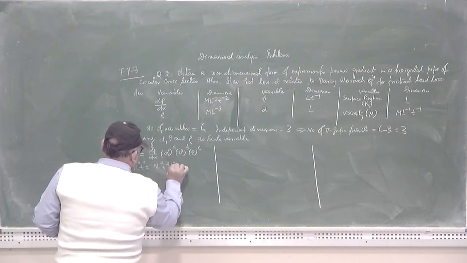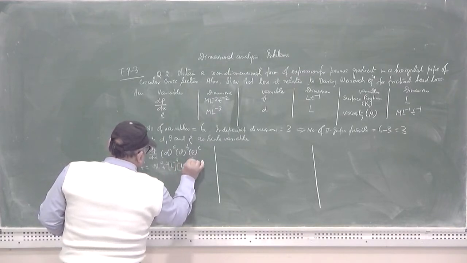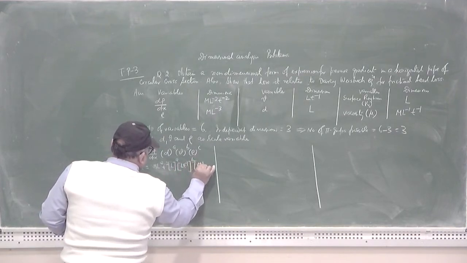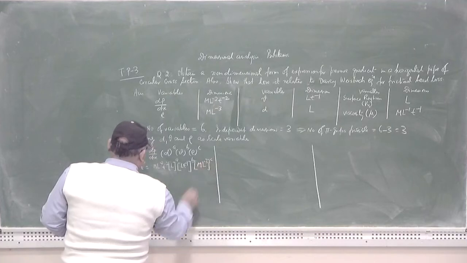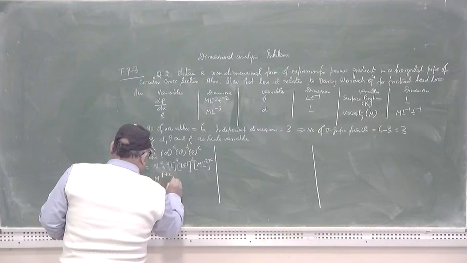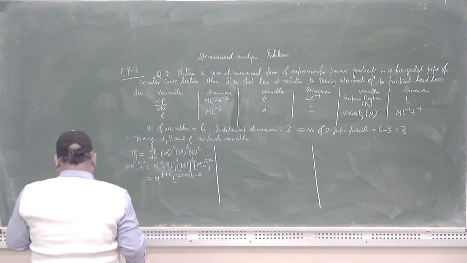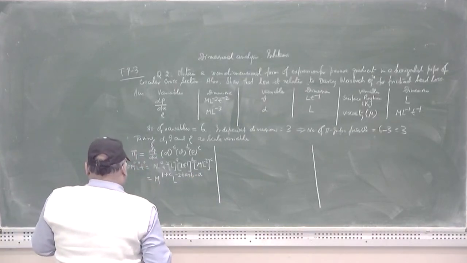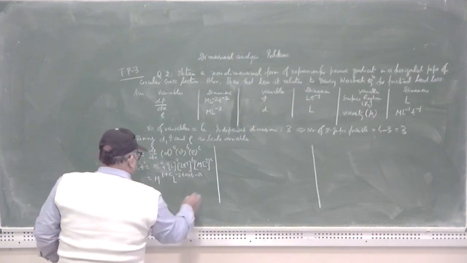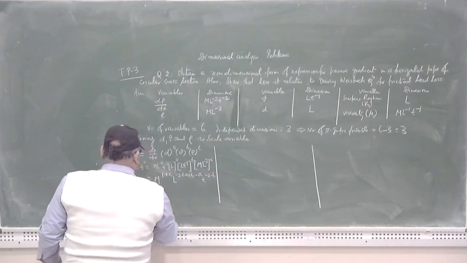Dimension of d is L raised to the power a, L T to the power minus 1 raised to the power b, M L raised to the power minus 3 raised to the power c. So, that will be equal to M raised to the power 1 plus c, L raised to the power minus 2 plus a plus b minus 3c, and T raised to the power minus 2 minus b.